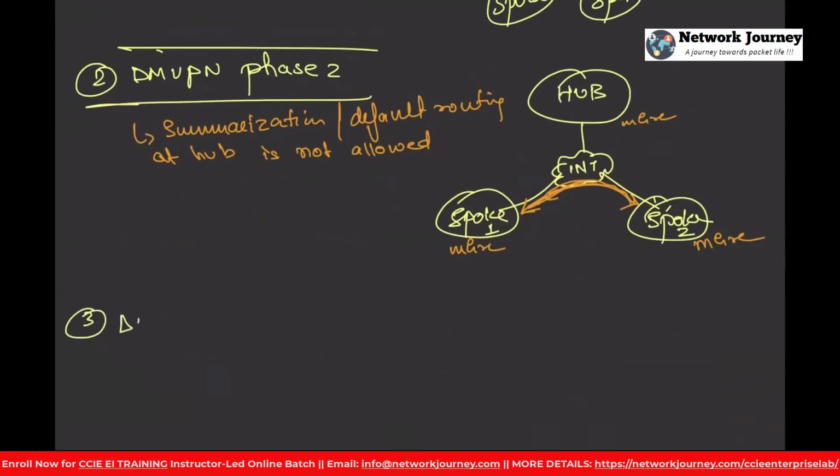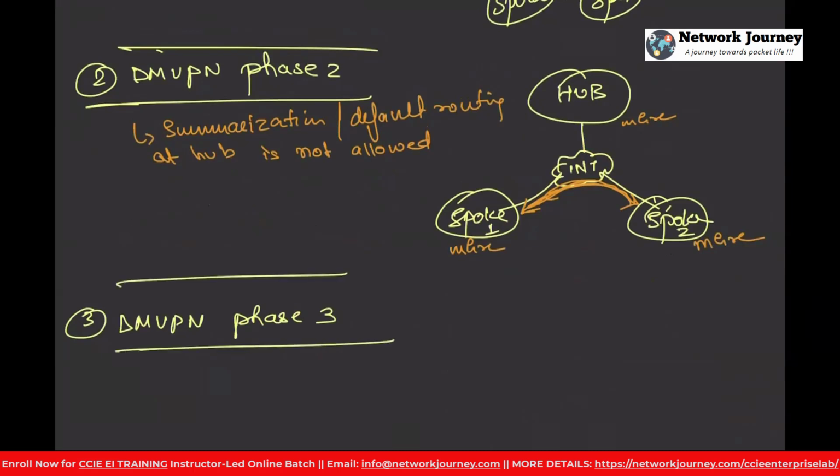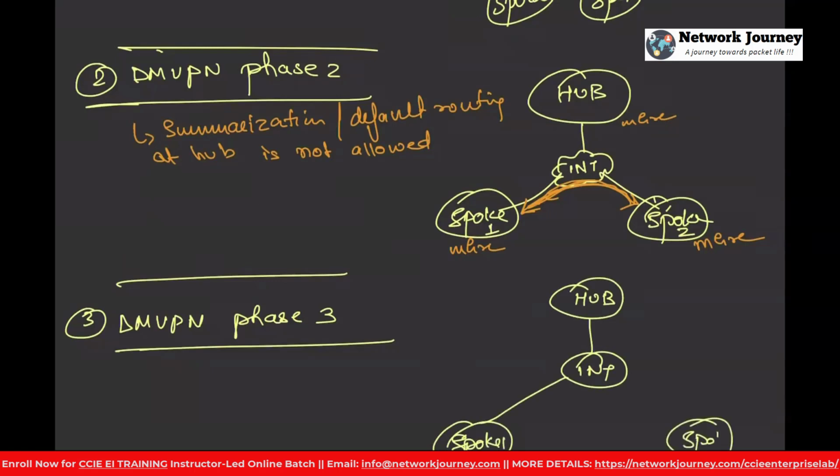Then the third one is DMVPN Phase Three. Here again a spoke-to-spoke tunnel is formed in the DMVPN, but there is a special message type known as the redirect message, which the hub sends to both devices.